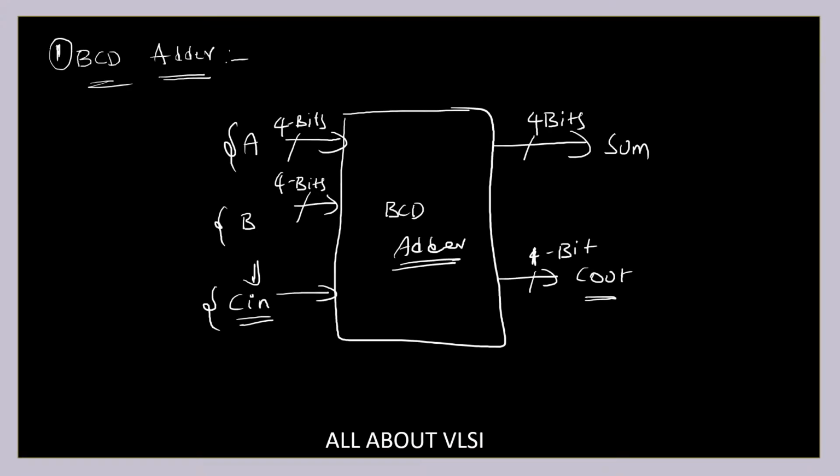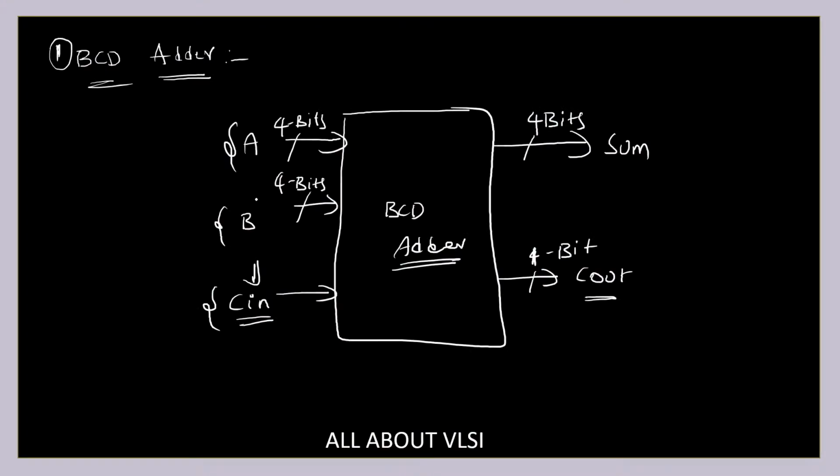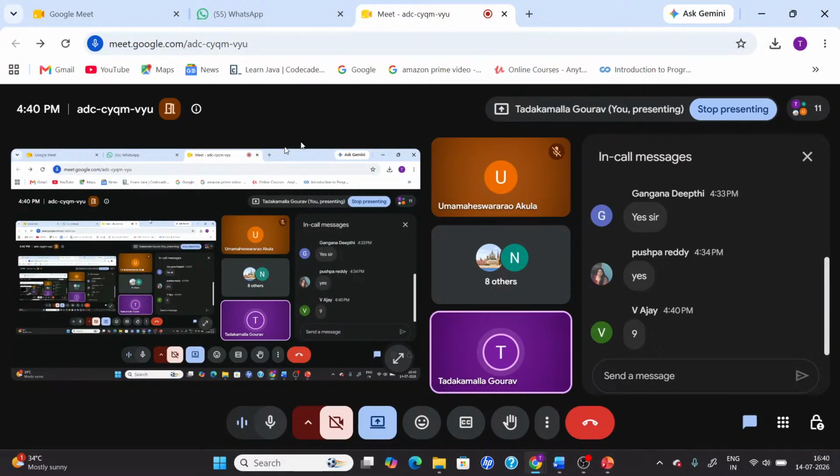Simple question. If my A is 4 bits, B is 4 bits, and C is 1 bit, what is the maximum sum I'm going to get over here? What is the value of sum which I'm going to get? Are you sure? Yes. So what is the maximum sum I'm going to get over here? Are you sure? 9 is sure?